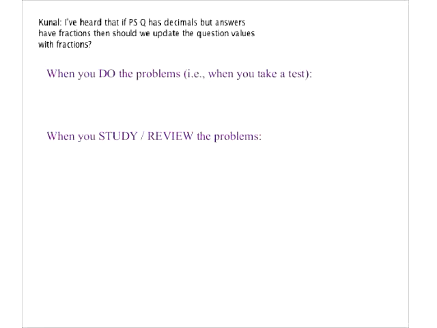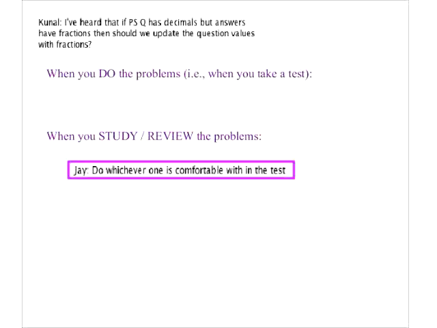It's what Jay is saying. It's exactly the point. It's not the format of the answer. It's not that I should memorize a rule. You should do whatever you feel comfortable with during the test.